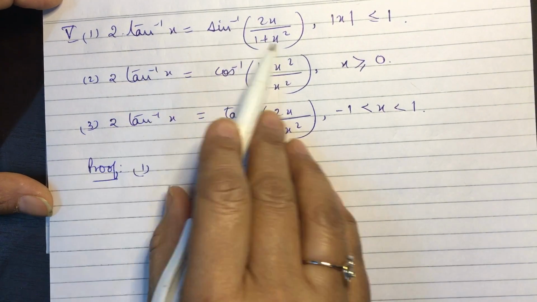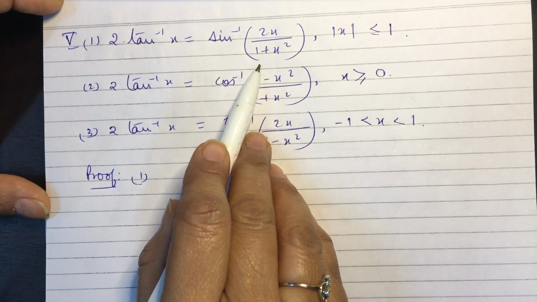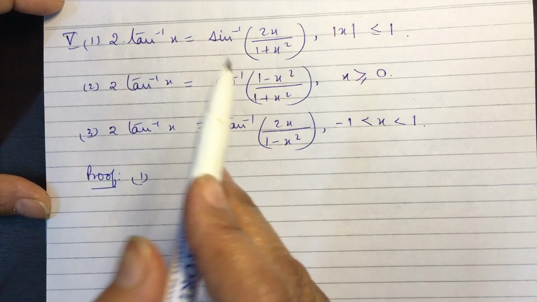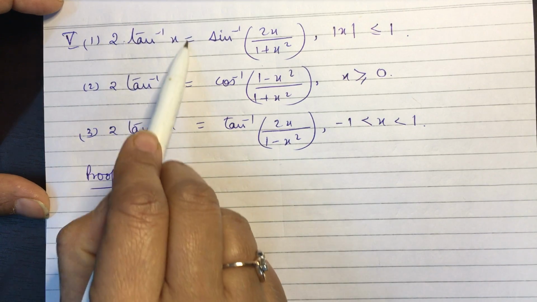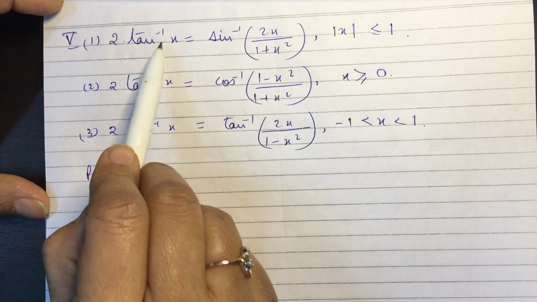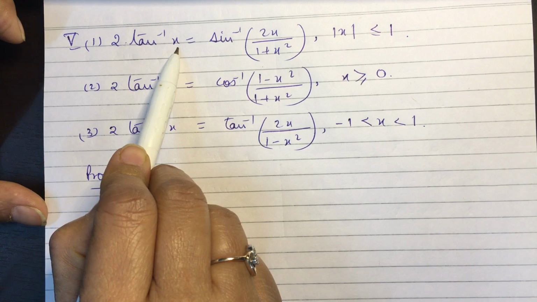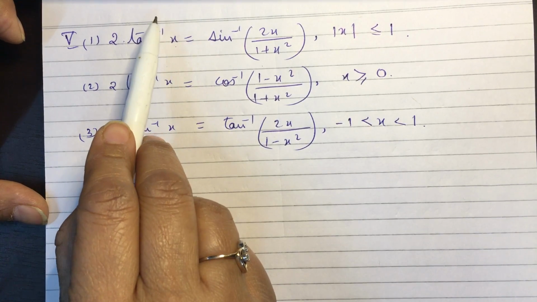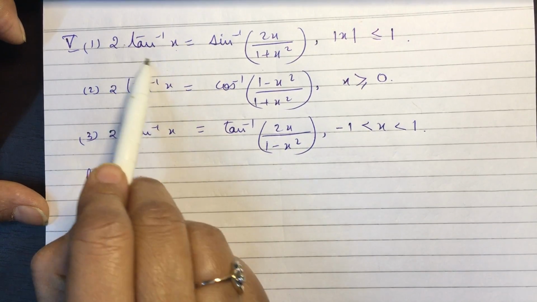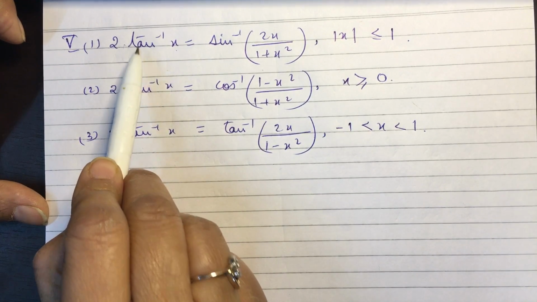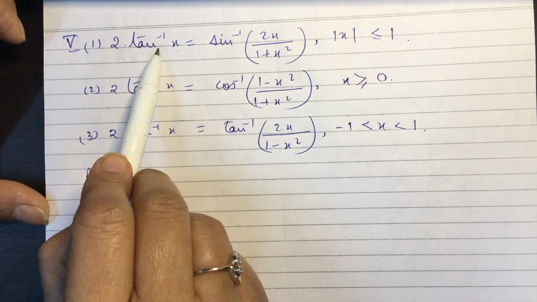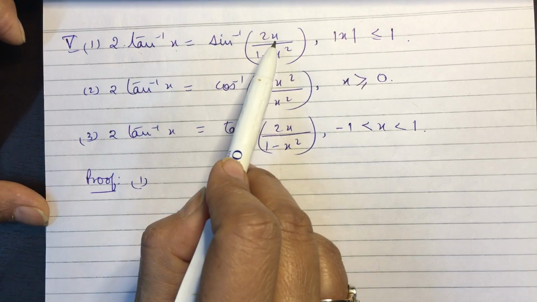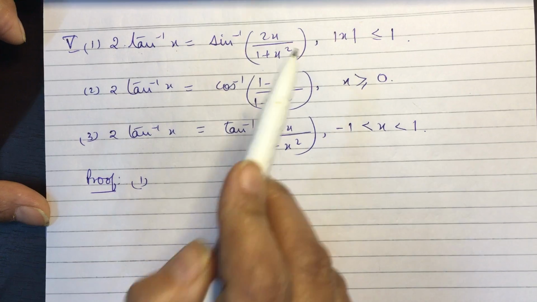Whenever we have to prove such kind of results, we will always start with the function which is there in the left side, assume it to be x, as we did in the previous result also, and then using this value we use that value in the right hand side to prove the needful.